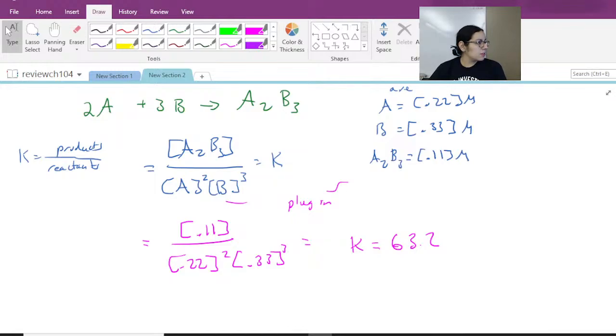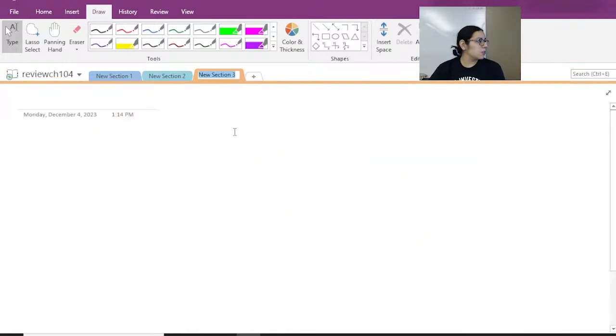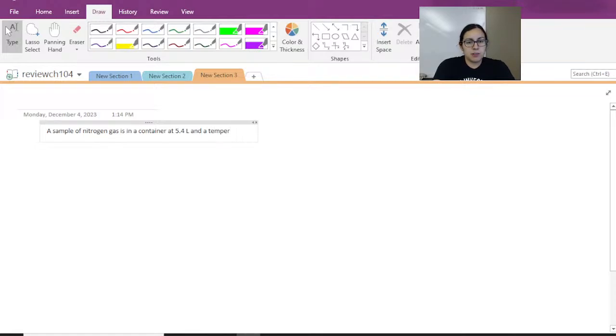So now let's do some gas laws. Now we have a sample of nitrogen gas in a container at 5.4 liters and a temperature of 72 degrees Celsius and a pressure of 5.35 atm.